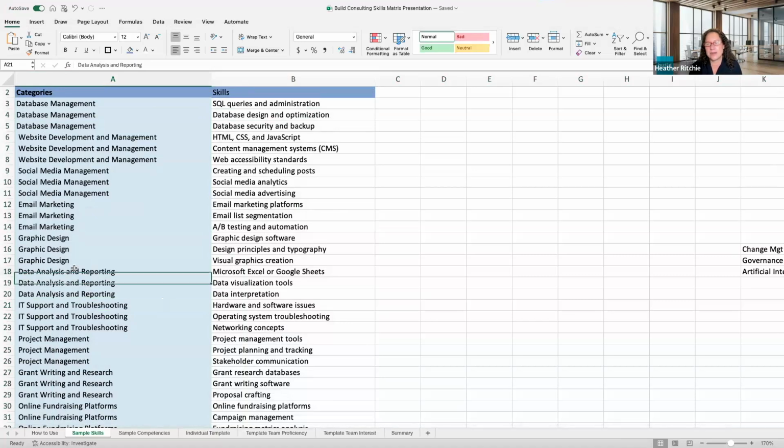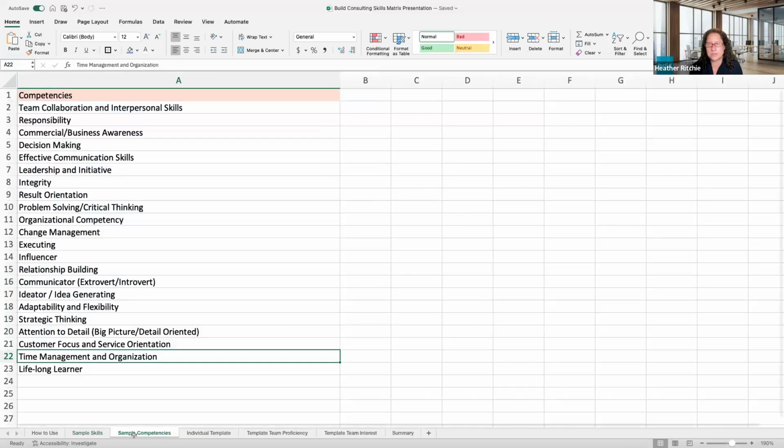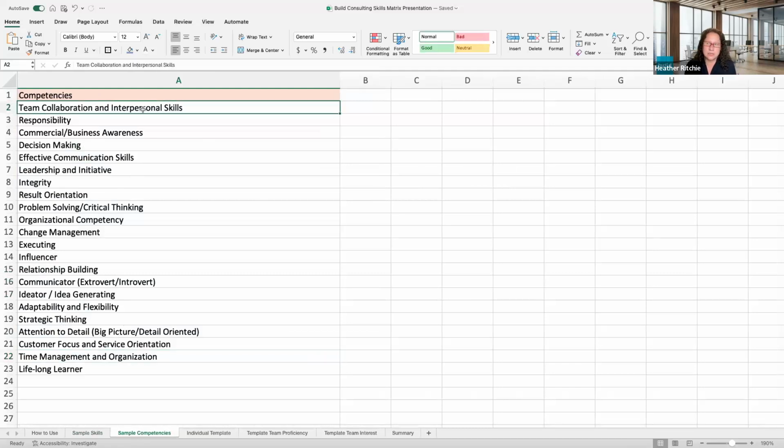And you're looking at the categories, which you're going to see repeated here, and then you're looking at the skills that might go along with it that an individual might be responding to. In addition to the sample skills, we've listed some sample competencies. So again, these are those more innate ones, like team collaboration and interpersonal skills, effective communication, time management and organization.